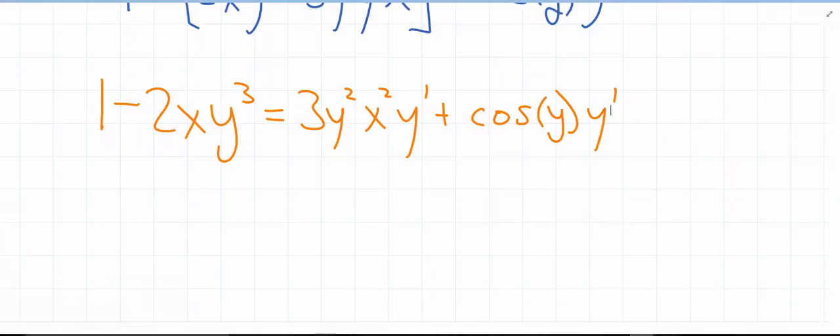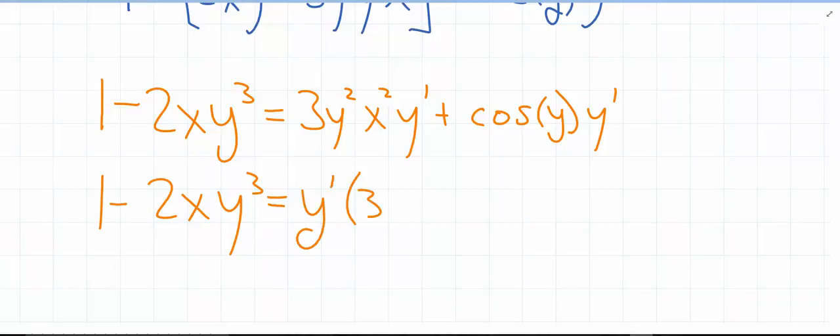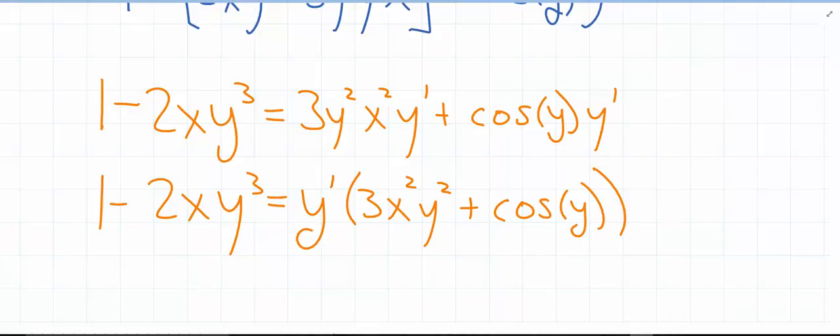Okay. So here I go. Let me see what I got now. I've got 1 minus 2xy cubed. I'm going to factor out the y prime. And remember, all we're trying to do is say y prime or dy dx. We're just understanding this y prime is with respect to x.